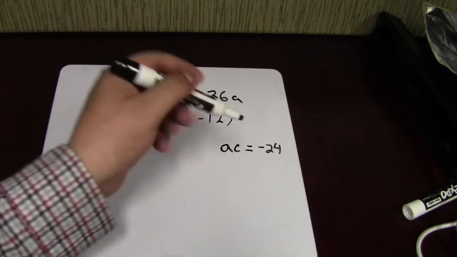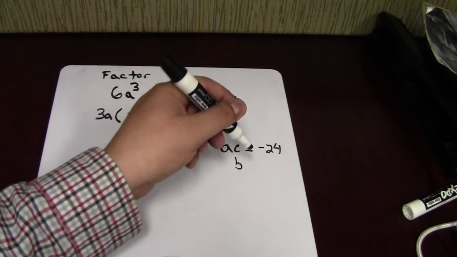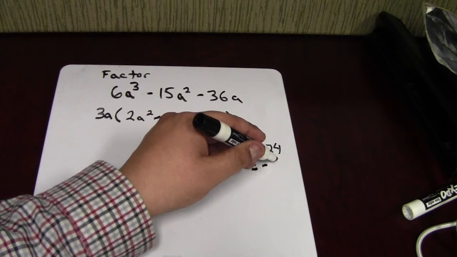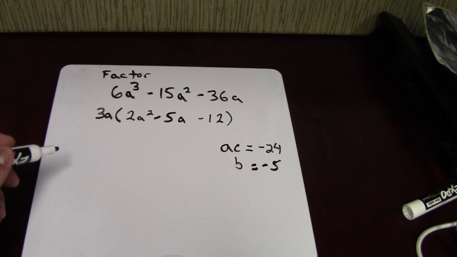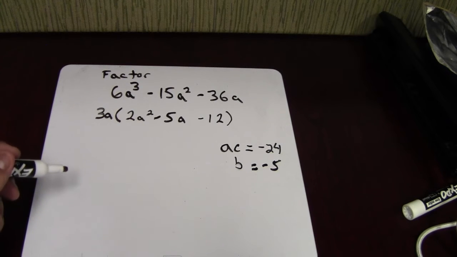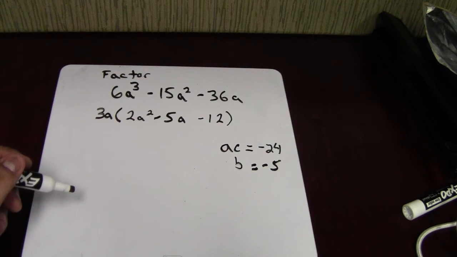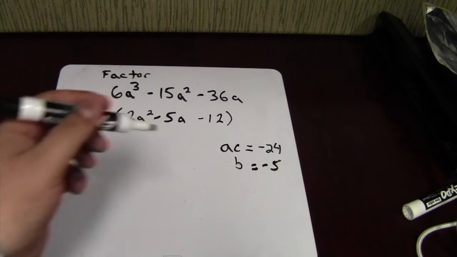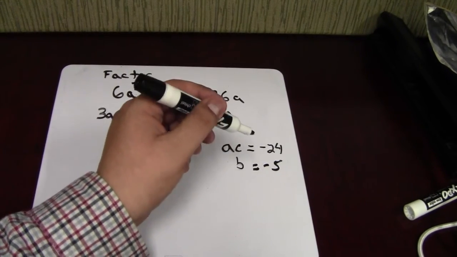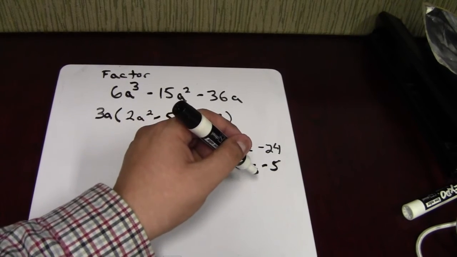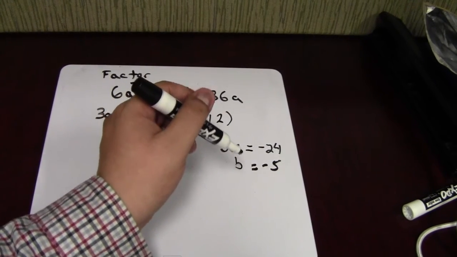And B here is equal to negative 5. Now, are there two numbers that multiply to give me negative 24 and add to give me negative 5? Well, let's think about it. I think we could probably say that 8 and 3 look like they could work.